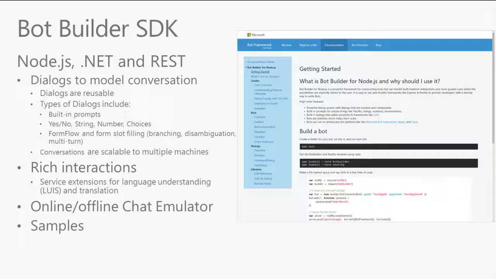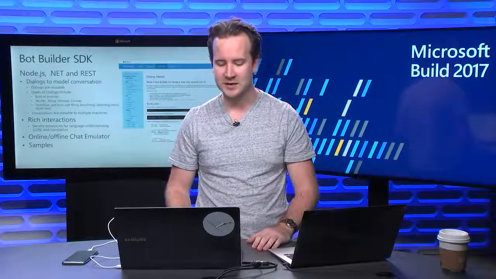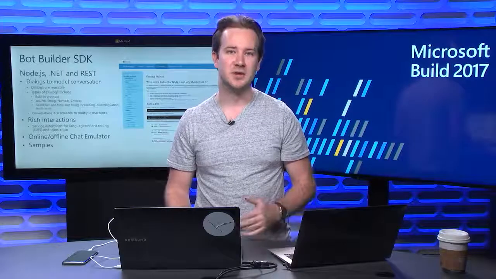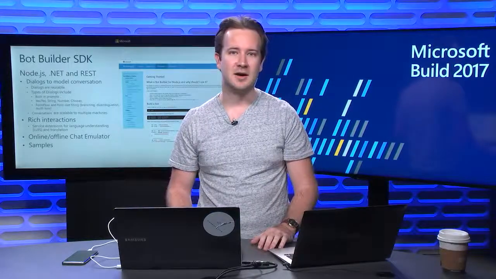The Bot Builder SDK also includes some powerful interfaces for using some of our Azure Cognitive Service extensions, like LUIS, our Language Understanding Intelligence Service, which allows you to build intent models and language understanding into your bots so that you can provide a more natural conversation interface and build those models yourselves directly for your enterprise bots. The Bot Builder SDK includes a number of other features, including an emulator, developer portal, as well as a set of code samples that you can use to get quickly bootstrapped with your bots.